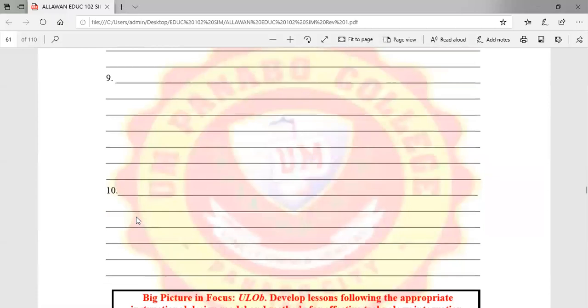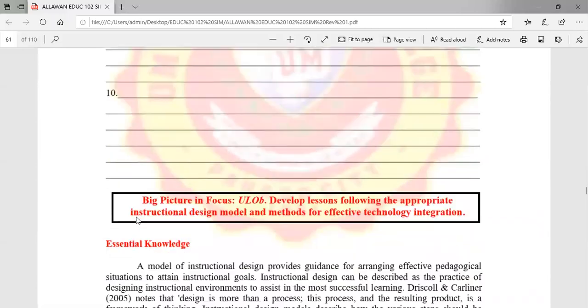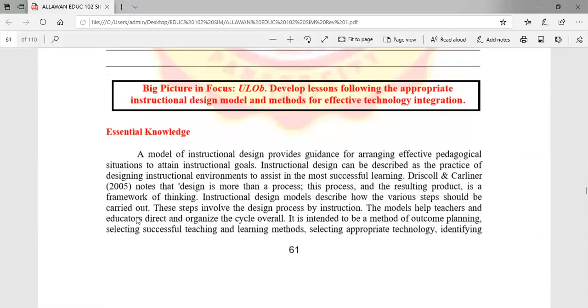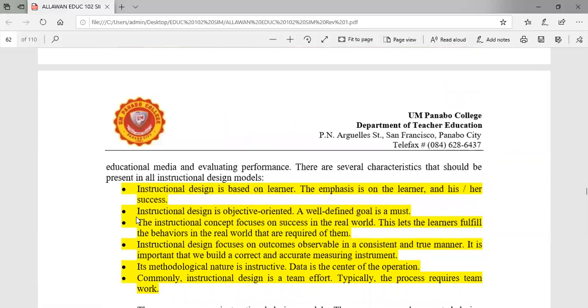And then the second one would be the instructional design model. When we say instructional models, we have here the 7 characteristics. First, it is based on the learner, and the emphasis is also on the learner and his or her success.